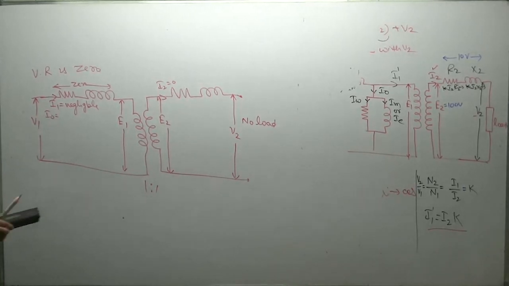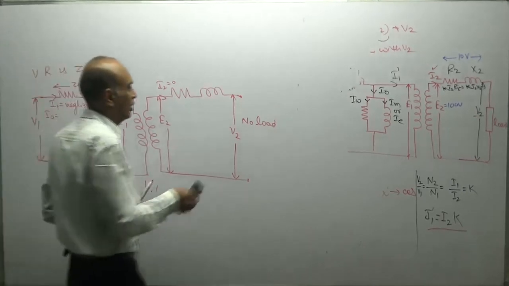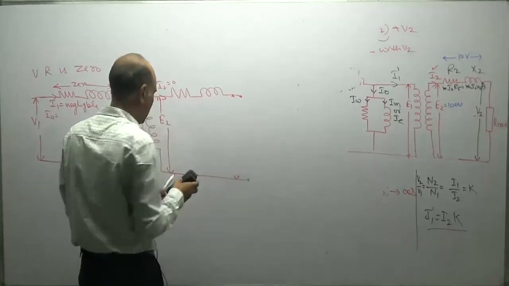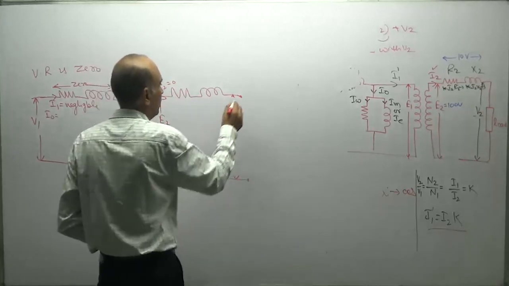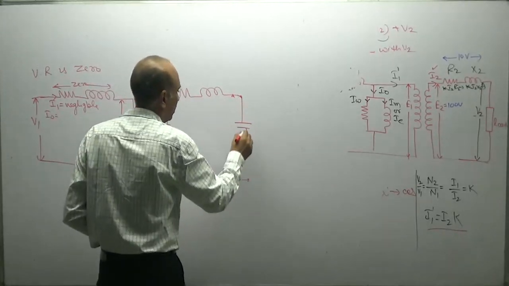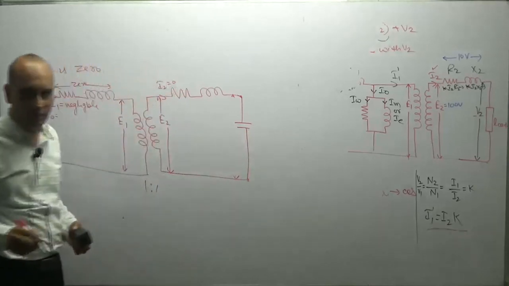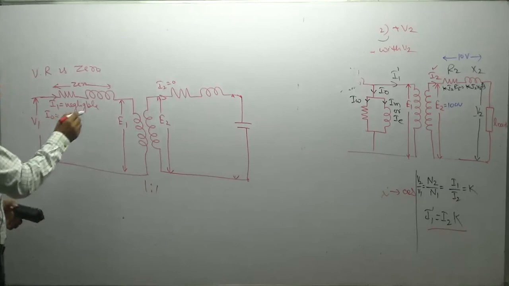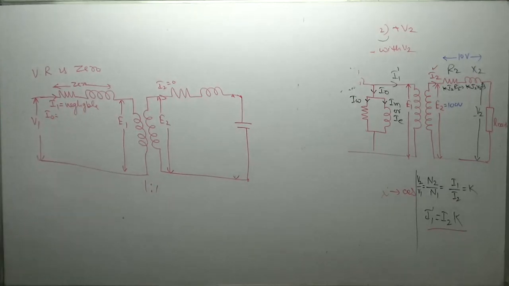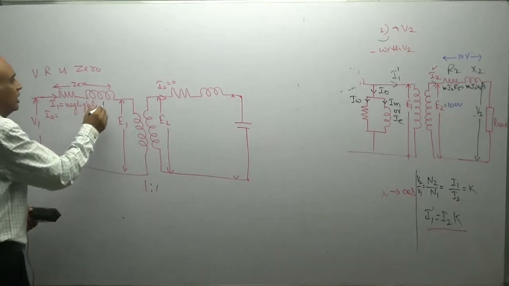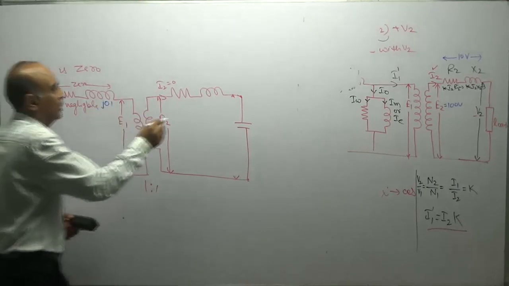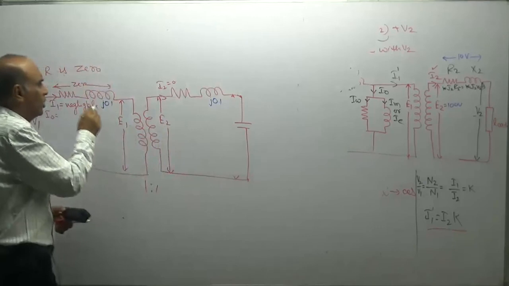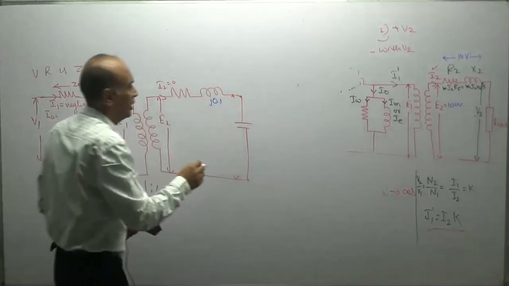Second, suppose there is a capacitive load. Suppose there is a capacitive load of very small amount. Suppose inductor, its value is this one, its value is this one, and there is some voltage drop here also, here also.